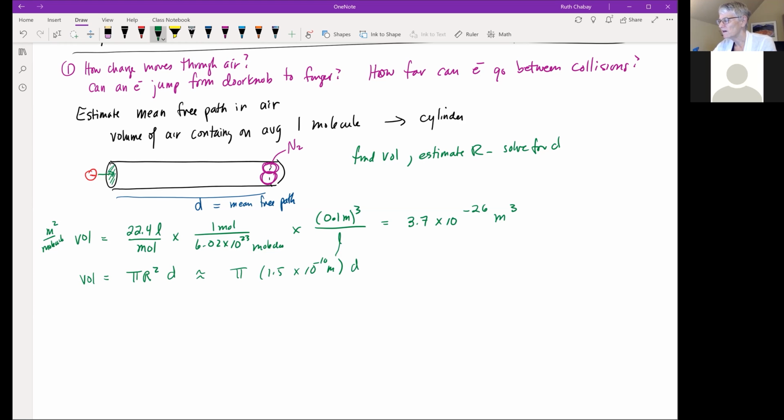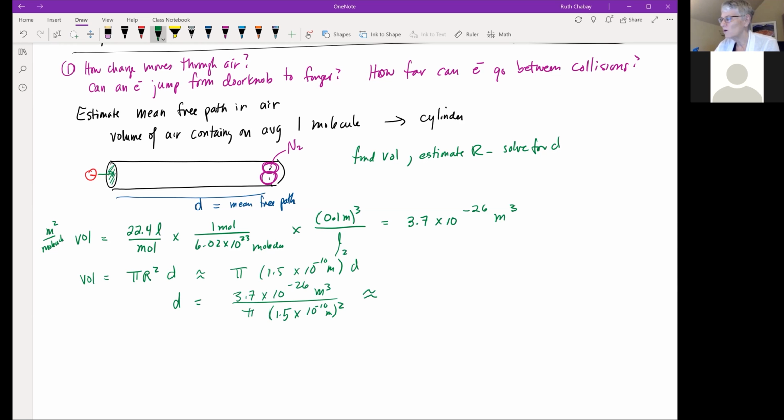Times D, and D is going to be equal to our volume over pi r squared, so it's 3.7 times 10 to the negative 26 cubic meters divided by pi times 1.5 times 10 to the minus 10 meters squared.